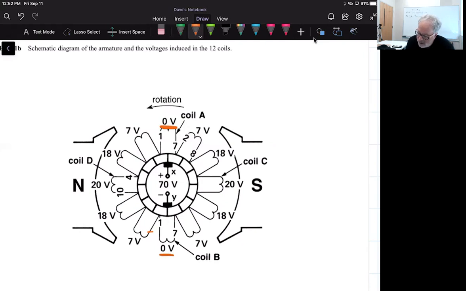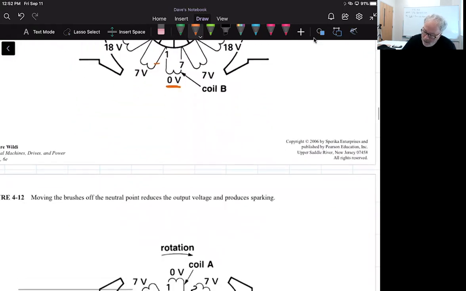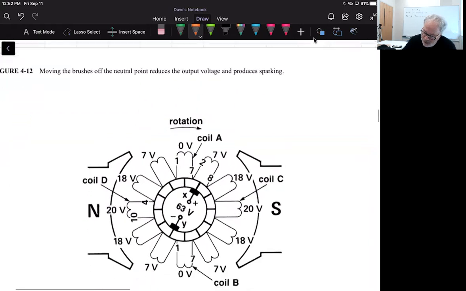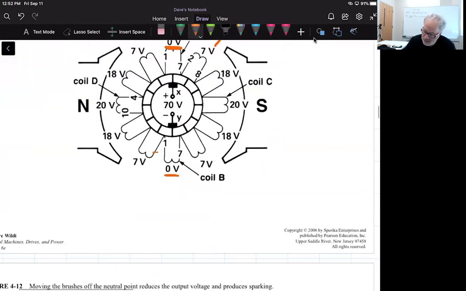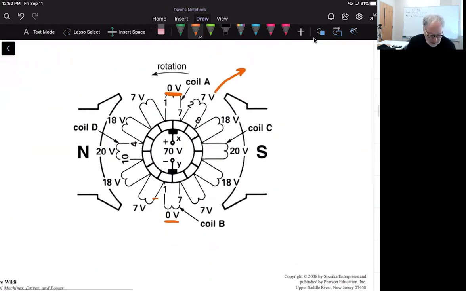Check this out. Let's say, for instance, we were here. Actually, I think we have a picture of a situation where there's a shifting of what we call the neutral point. This is the neutral position, and this is exactly what we want.